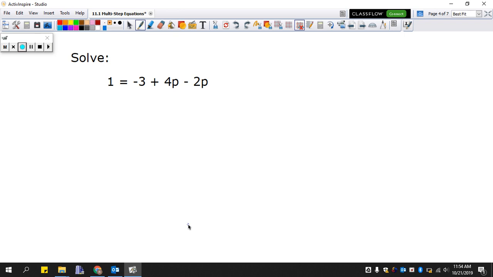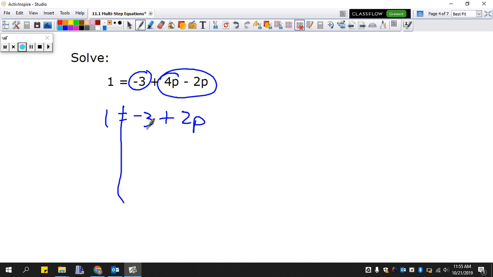In this particular equation, we just have it flipped around, and it doesn't matter which side we're on. Okay. So you have negative 3 by itself. You have a 4p and you have a minus 2p. So we're going to say 1 is equal to negative 3 plus 4p minus 2p, which is 2p.